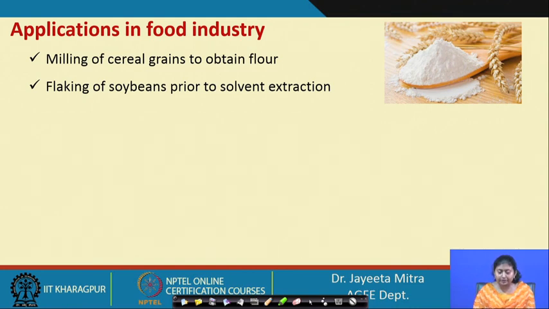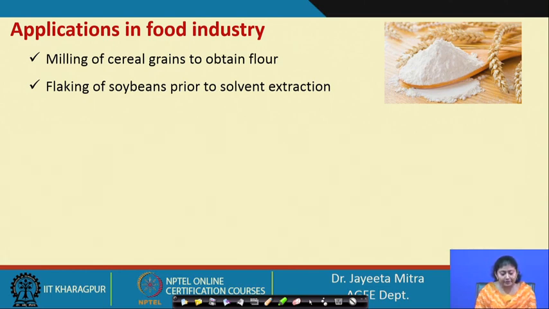For example, multigrain flour is used for chapati making. Different atta samples are prepared out of that, bread samples are prepared out of that. So, cereal grains to obtain flour, this is one very important application.